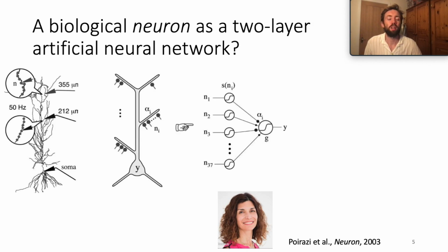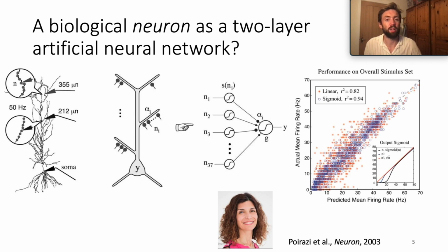And what they found was that a two-layer neural network with sigmoid nonlinearities was in fact able to predict very well the response of the complex, biologically realistic model to many different types of stimuli. And in fact they went further and showed that these two layers were equivalent to a first layer, summing up all of the inputs on an individual dendritic branch and then passing that through a sigmoid type nonlinearity.